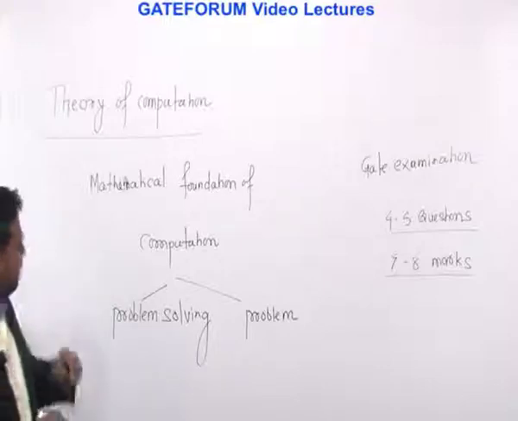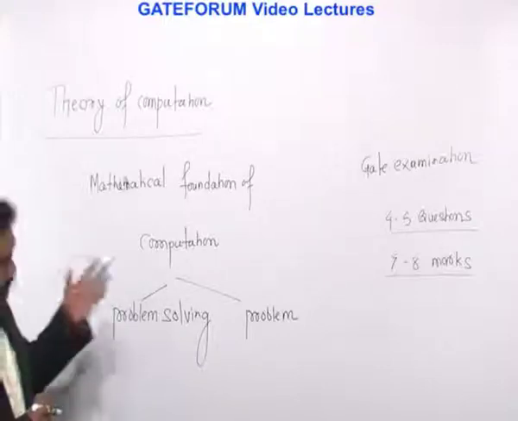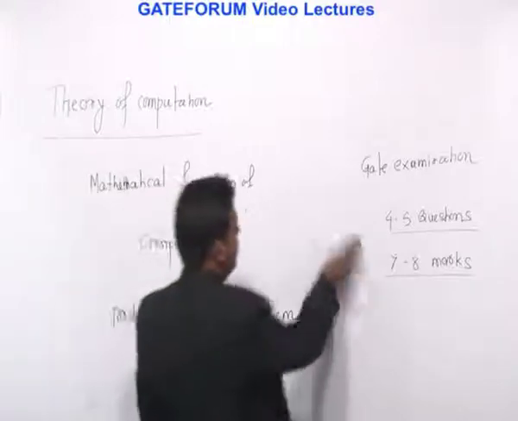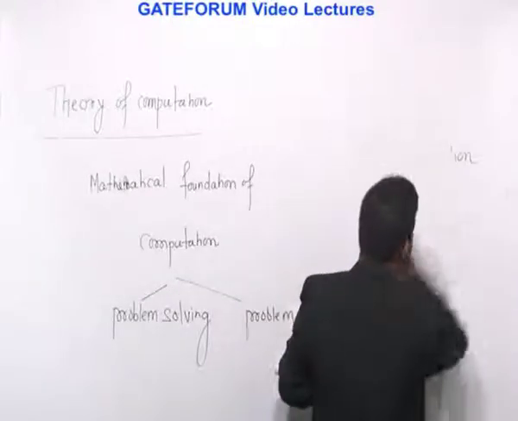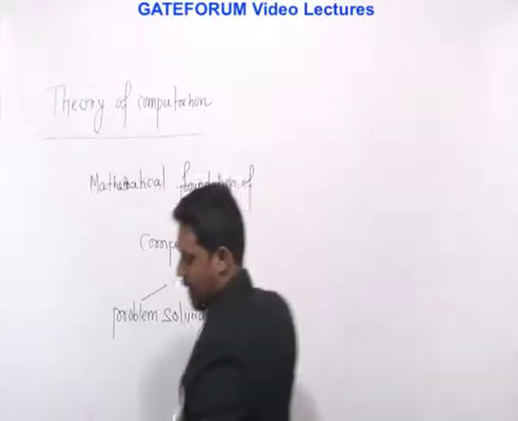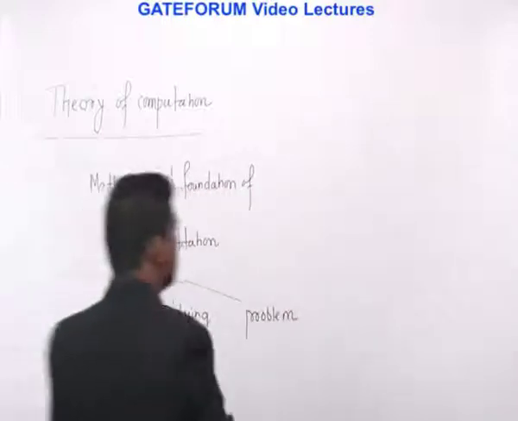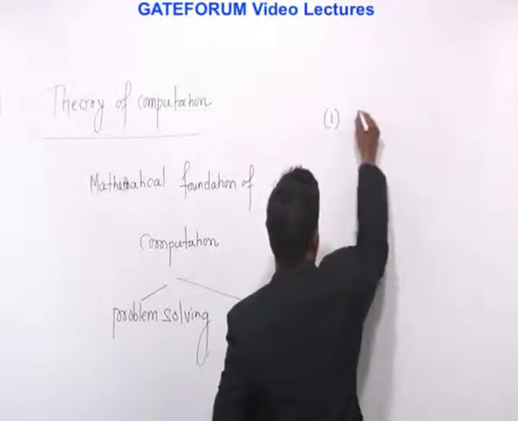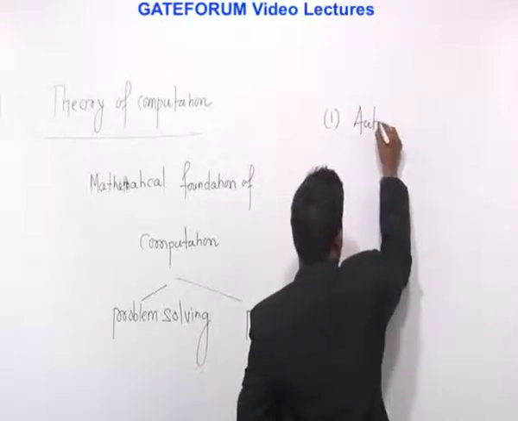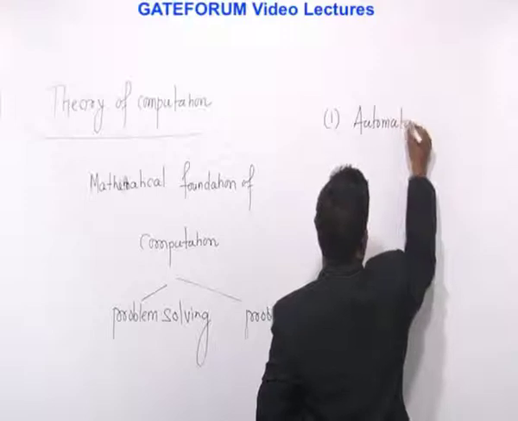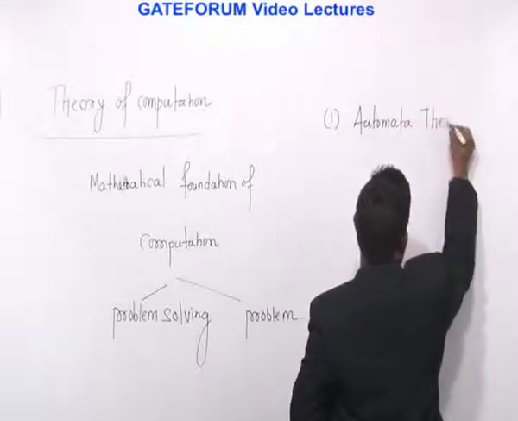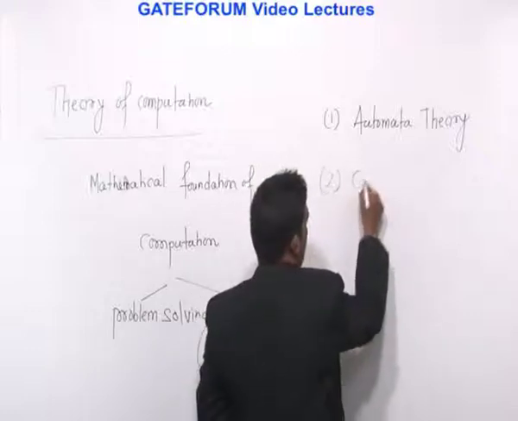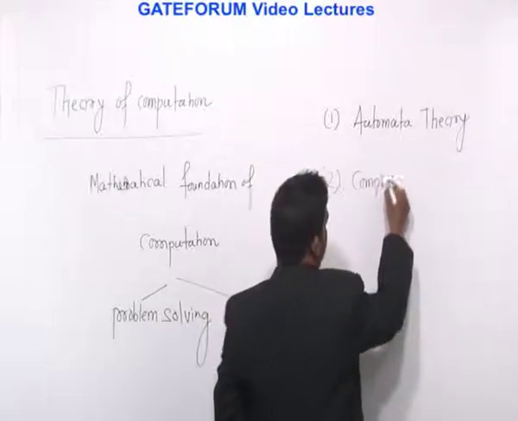There are 3 different branches, 3 different aspects of this theory of computation, and this is basically the syllabus. The first one is called Automata Theory. The second part is called Complexity Theory.